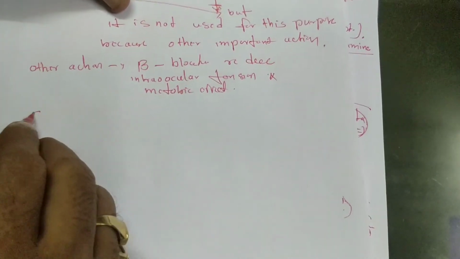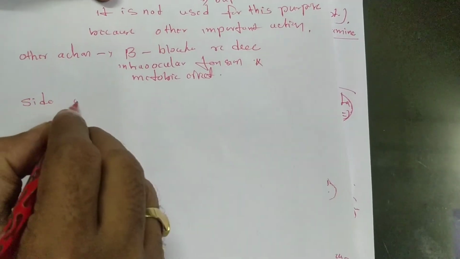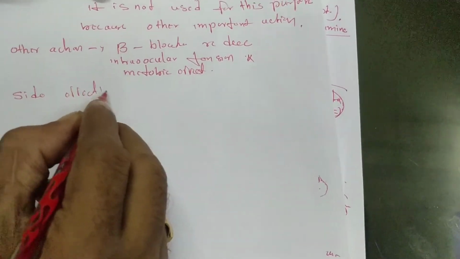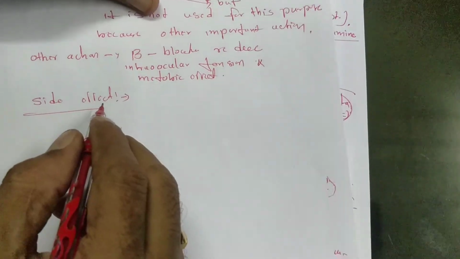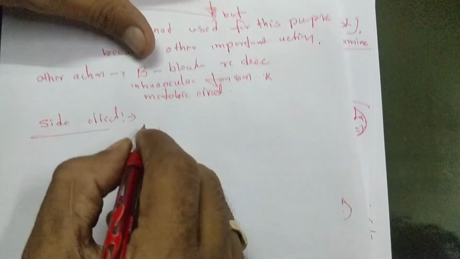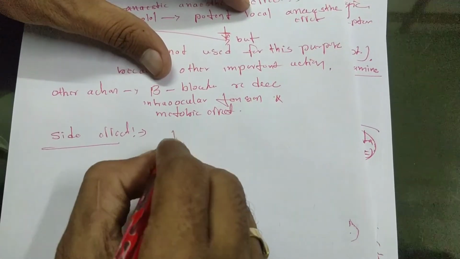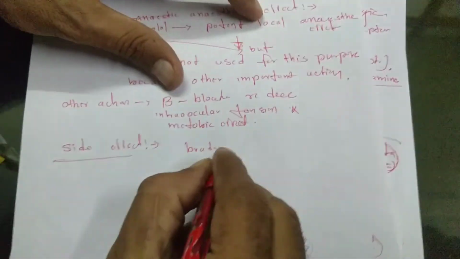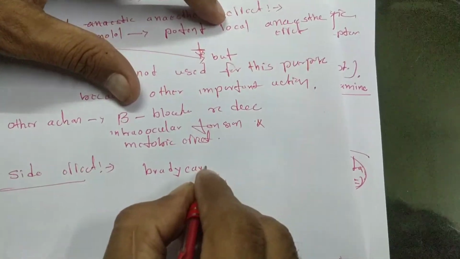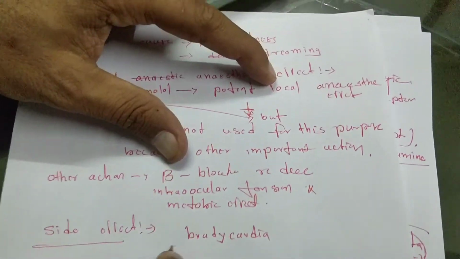Now the side effects. Propranolol causes bradycardia and a fall in blood pressure, that is the major adverse effect.